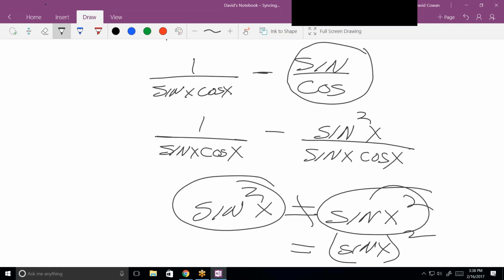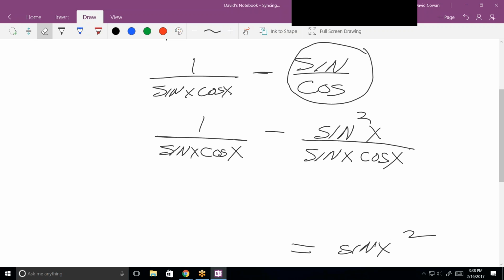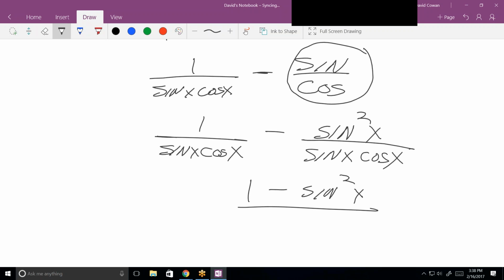The beauty of what we just did is it turns the numerator into 1 minus sine squared, so this comes down to 1 minus sine squared over the common denominator, sine x cosine x. Using your trig identity, what is 1 minus sine squared equal to?